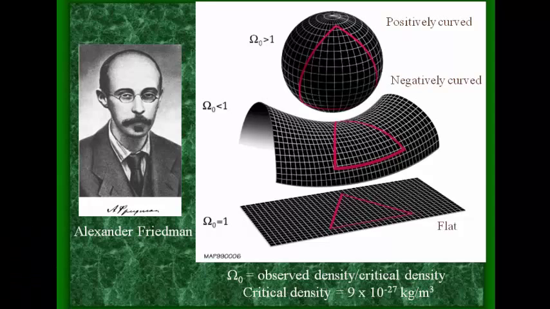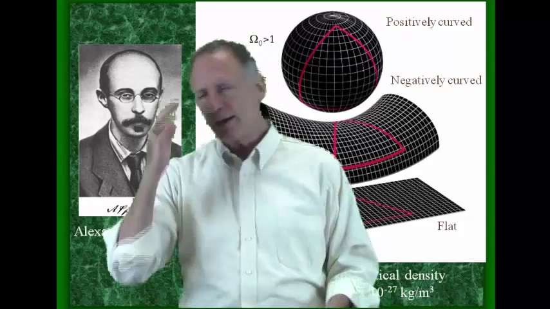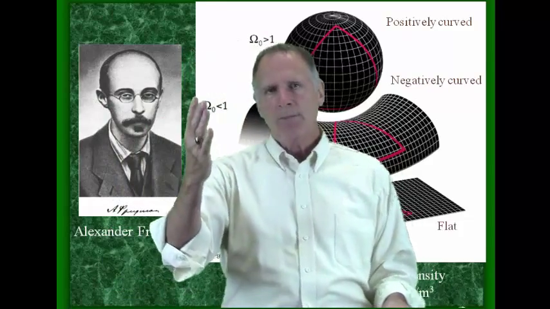The first type is a positively curved space. Now, this is a space-time which has an equilateral triangle where the angles will add up to greater than 180 degrees. Now, I know that sounds crazy.